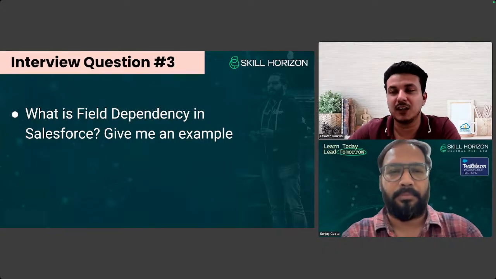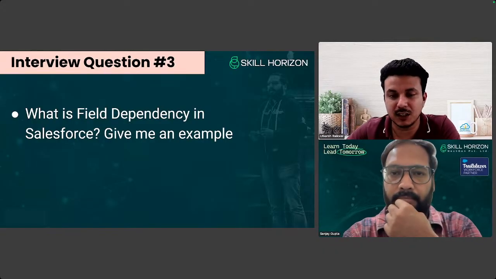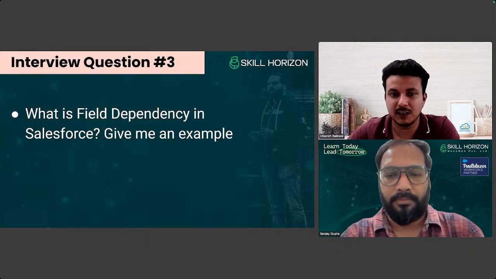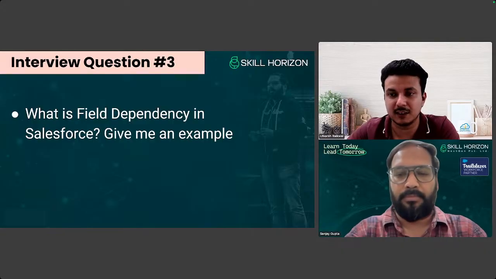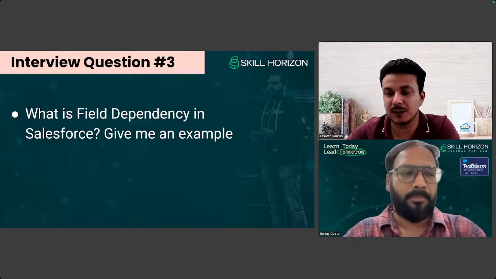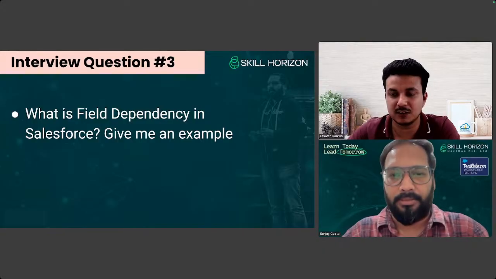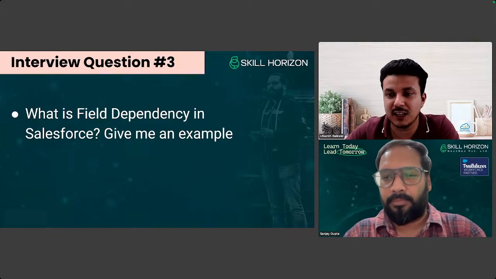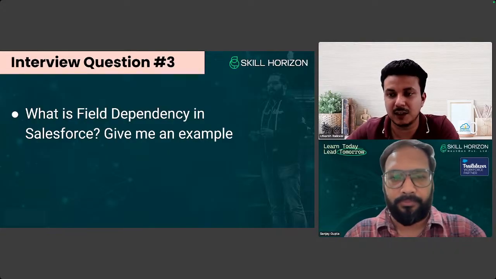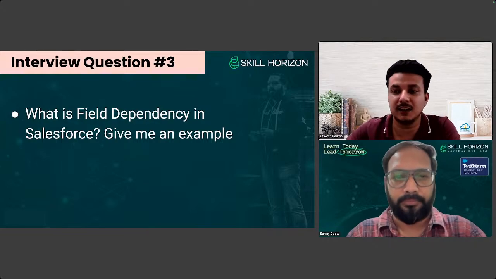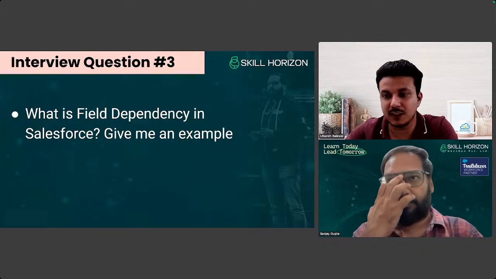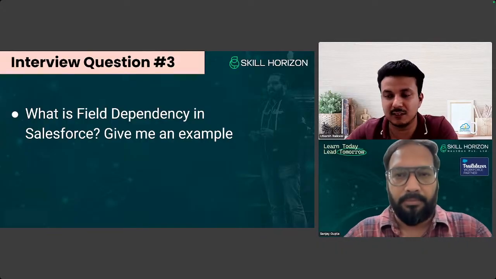For example, I've created two picklists. The first is named country, in which all the country names will be there, and the other is named state, in which all the states of the particular country will be there. So the state will be the dependent picklist, whereas the country will be the controlling picklist. If I have selected India in the country, I will get only the Indian states.